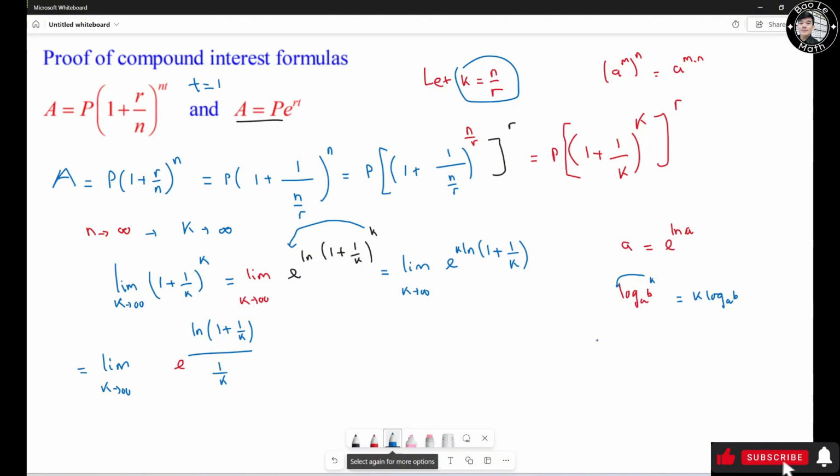Now I let u be 1 over k. So when k approaches infinity, u approaches 0. This can be written as the limit as u approaches 0 of e to the natural log of 1 plus u over u.